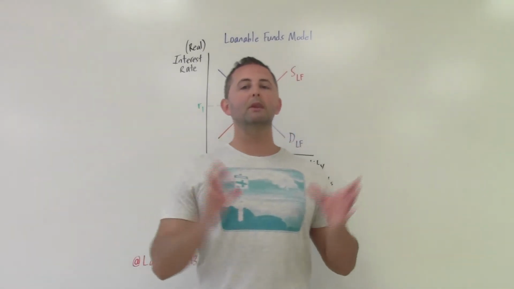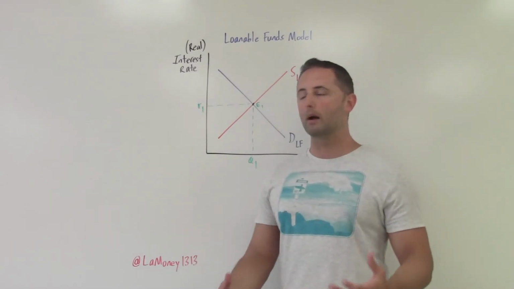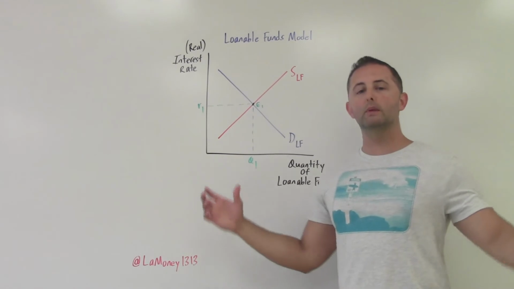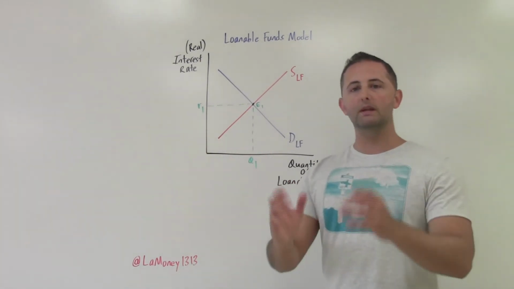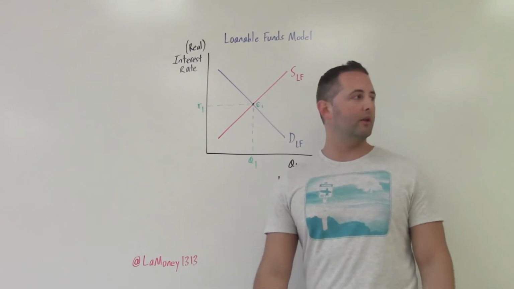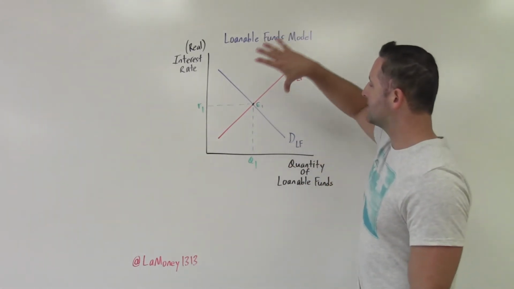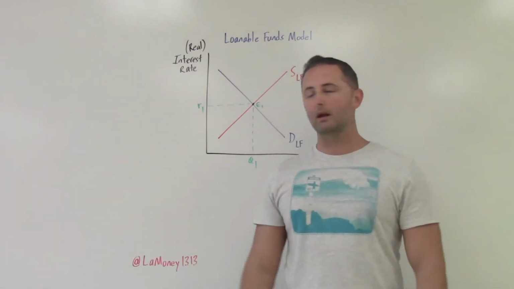Alright, now for simplicity's sake, we're going to put all of the different types of ways that you can borrow money onto one model here, and it's going to be the loanable funds market. So we're assuming that all borrowers and all savers of money are put together in one simple place. So rather than bank to bank or country to country or whatever the case is, this is a representation of all loanable funds available in an economy.